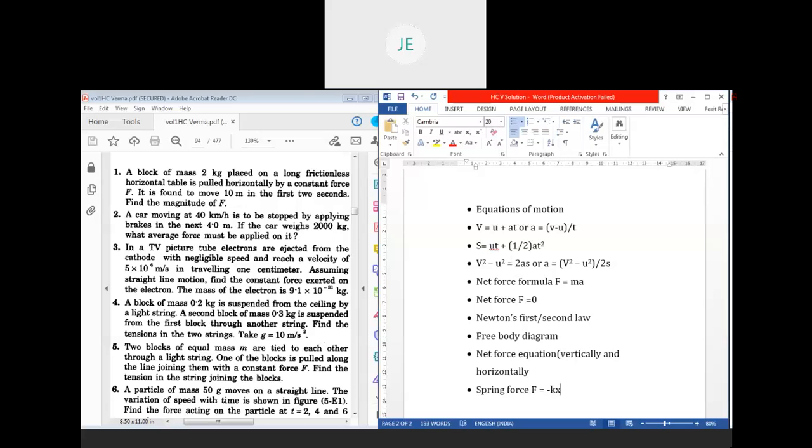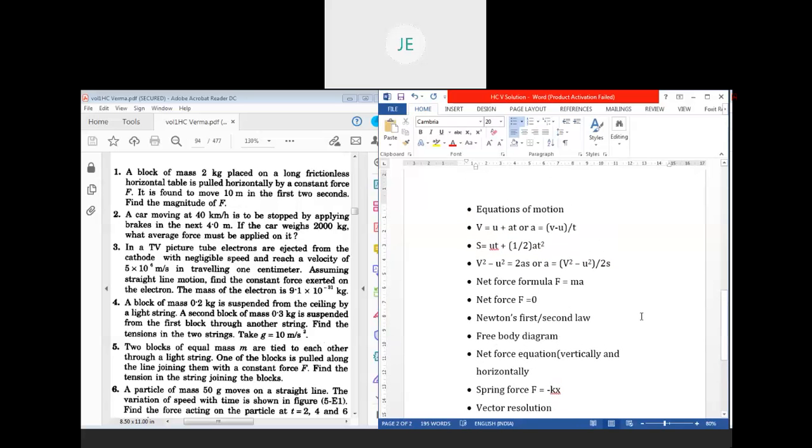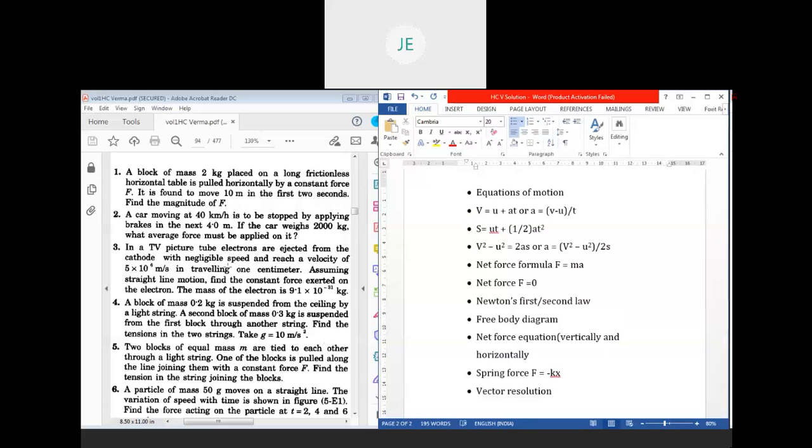K is the spring constant, which tells you how elastic the spring is, and x is the displacement, compression or elongation, that has taken place. Also you should have an idea about vector resolution. You must know all these points in order to solve these exercise problems.